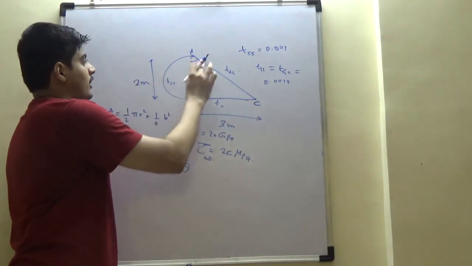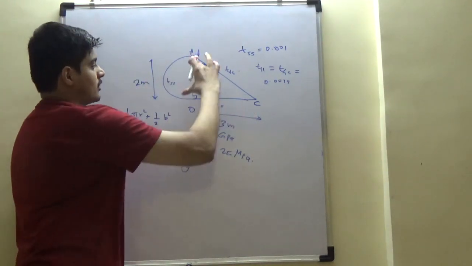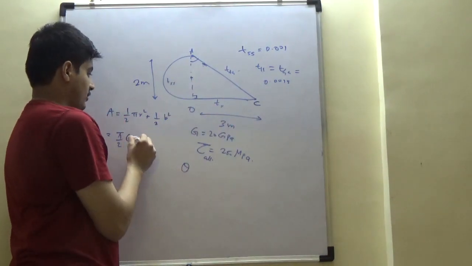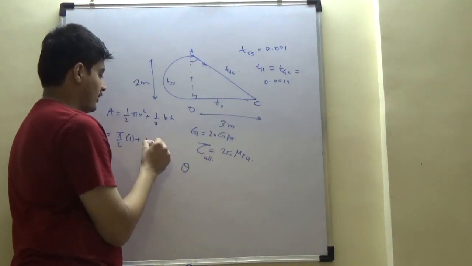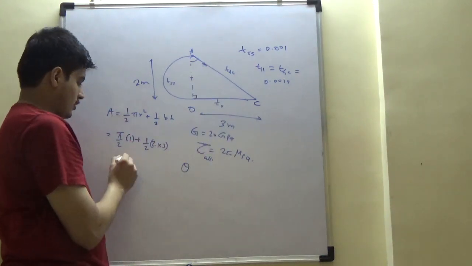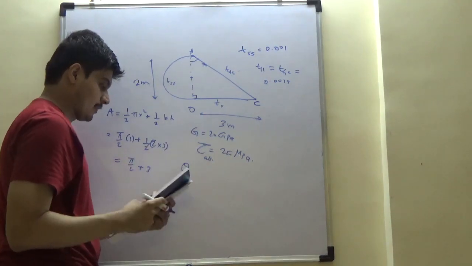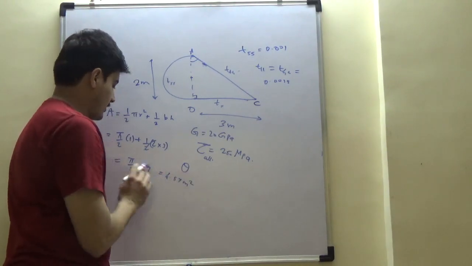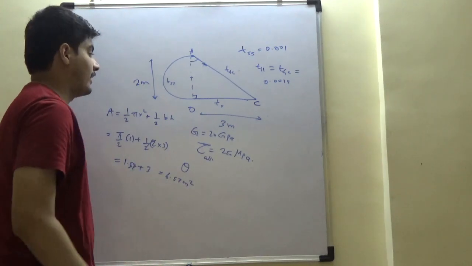The question actually corrects itself. This is given as 2. So this is a right angle but with different angles. So the radius is 1 plus half into B into H, the base into height, 2 into 3. So it is pi by 2 plus 3, which is 4.57 meter square, because this can be taken as 1.57. So 4.57 is the area.